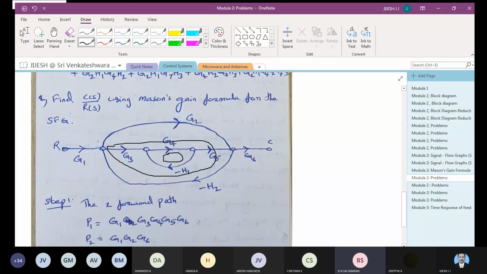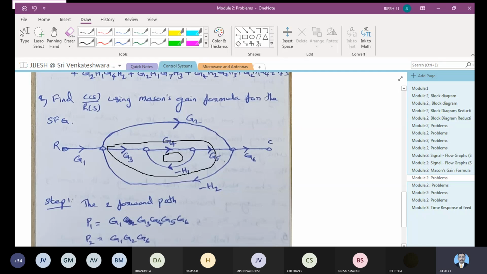G2, G5, G4, G3. You should see the arrow mark. You should not simply say all those things. It will go wrong. See the arrow mark. Minus G2 H2, sir.